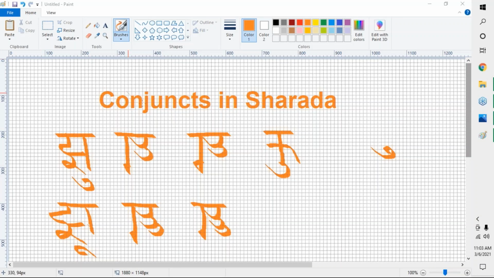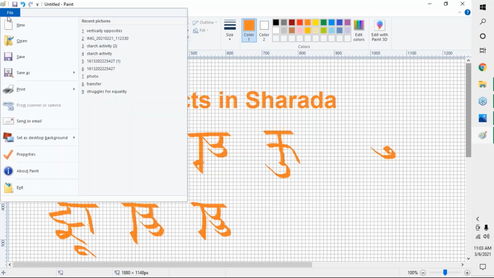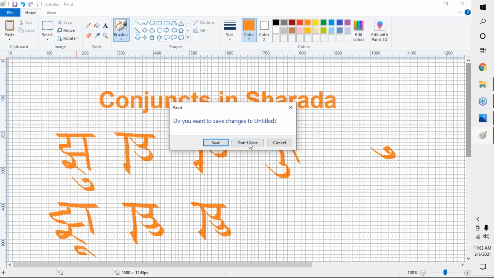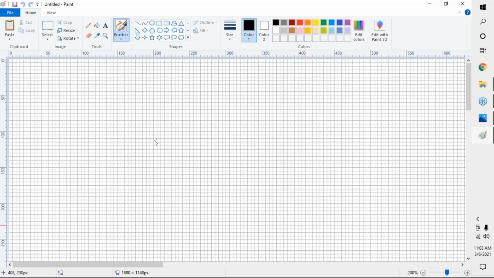So now what we will do today, I want to take the conjunct rule. For that, we will have to remember a few things, students, before we take the conjuncts. So first of all, what is a conjunct?